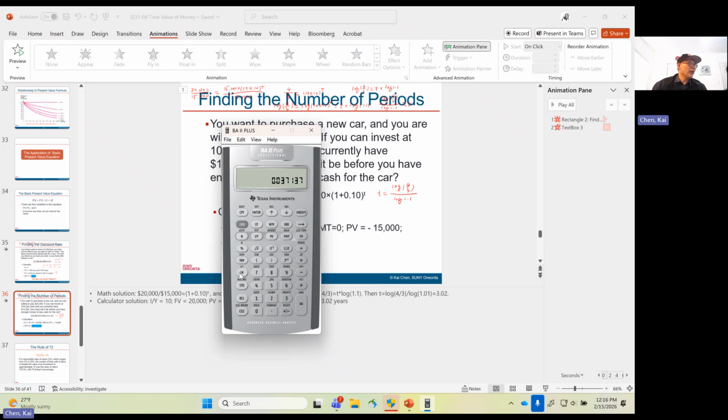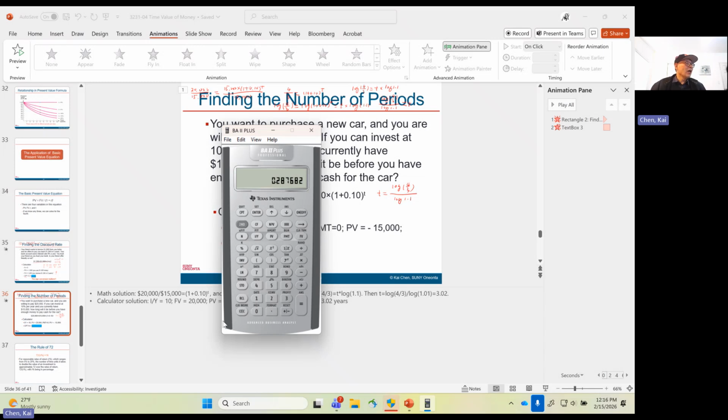Now I'm going to do the calculation. On the numerator, we have log 4/3. So first of all, we calculate 4 divided by 3. That is 1.3333, and so on. And then we take a log.